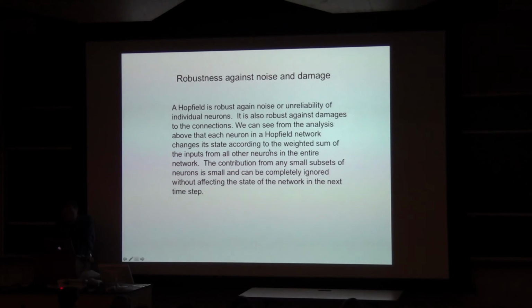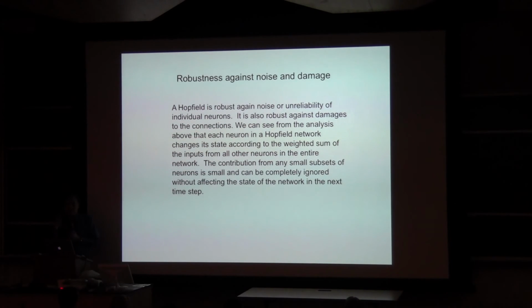So this robustness against noise and damage, we already mentioned that. It's a very interesting feature. That's why the neural network is very interesting to people: it automatically corrects all the noise, because it's a collective phenomenon. If a cell fires, next time it fires again, because it receives lots of input from many other cells.